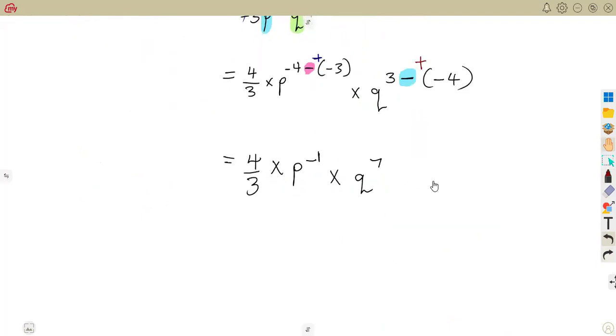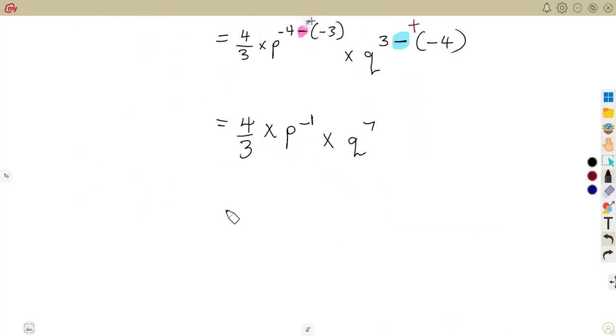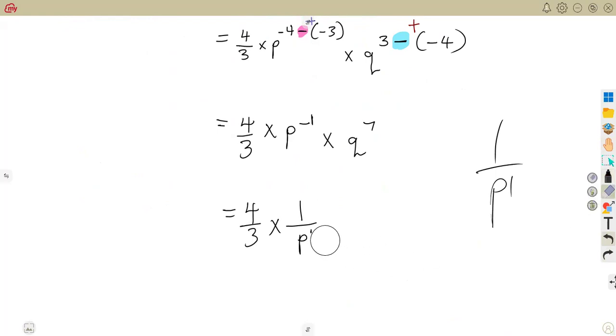So that will be 4/3 times 1 over P to the exponent of 1. It's now a positive. But what is 1 over P to the exponent of 1? It's simply P. Any number raised to the exponent of 1 remains like that, even the letters, the variables.